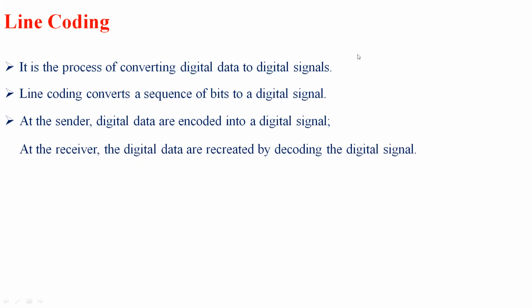So at the sender side they use an encoding technique to convert the digital data into digital signals, whereas at the receiver they recreate the digital data from the digital signals by using a technique called decoding. So let's see how this eventually happens.